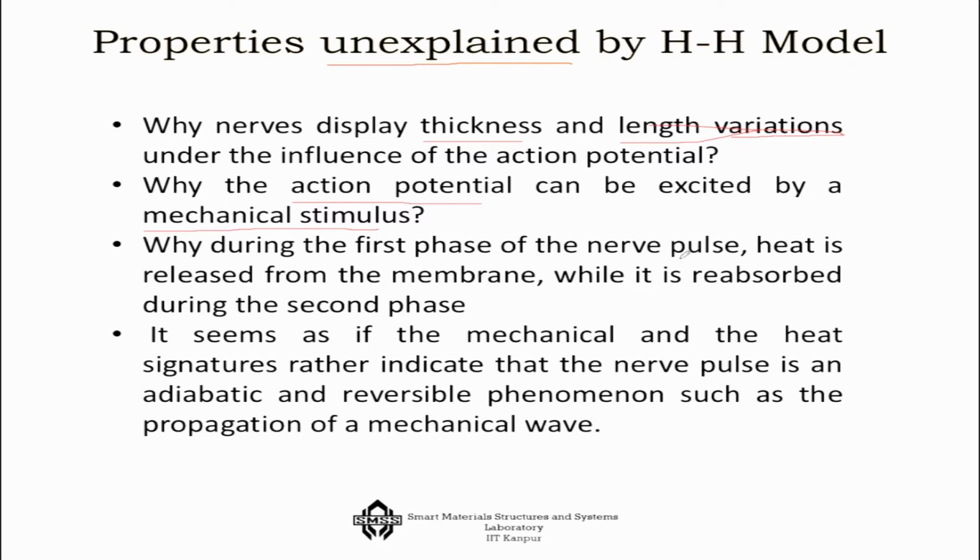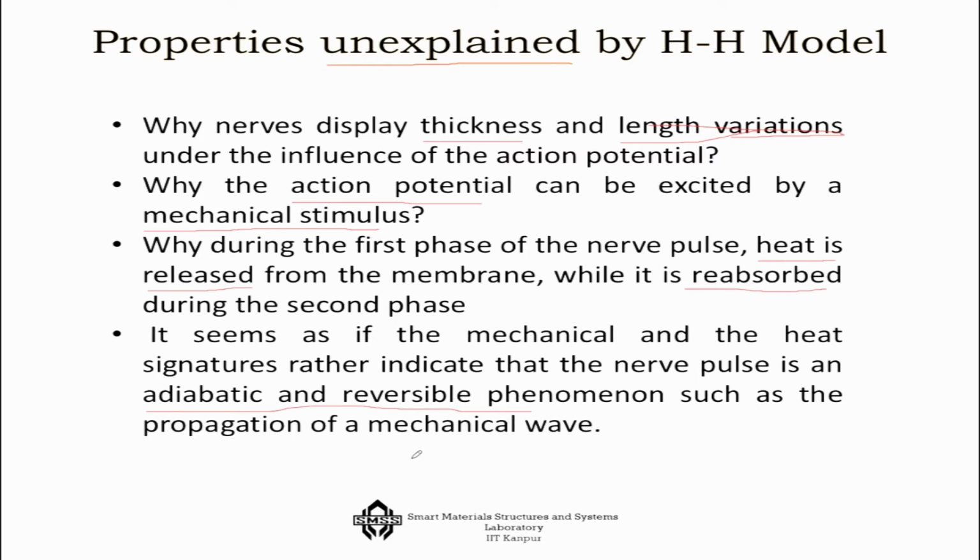Also, during the first phase of the nerve pulse, heat is released from the membrane and it is reabsorbed during the second phase. Now, if this entire neuronal system is like a resistor, then it will only dissipate the energy. It will not release the heat and reabsorb it, just like an adiabatic and reversible phenomenon.